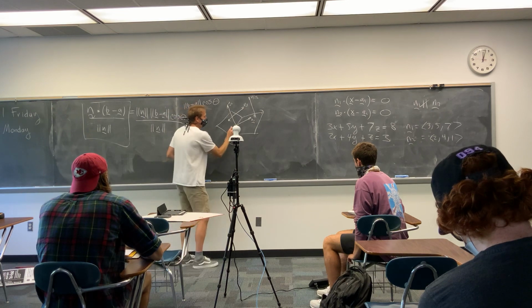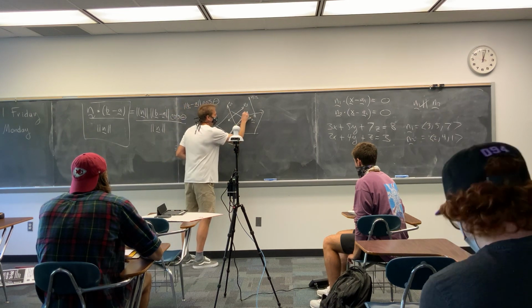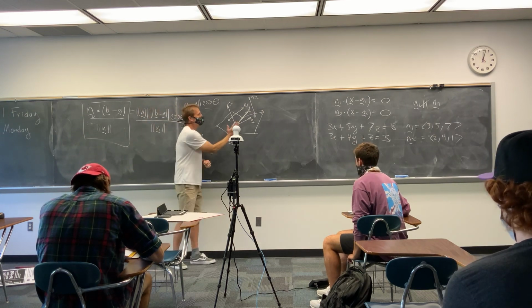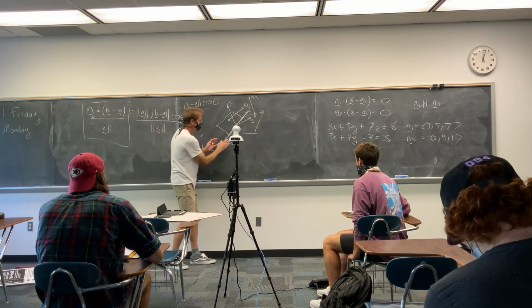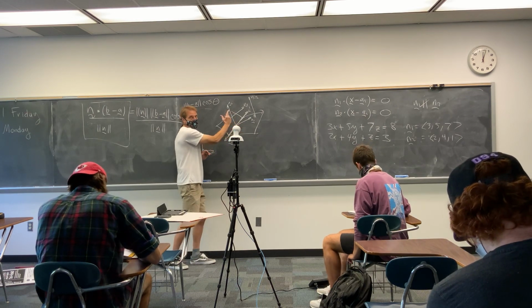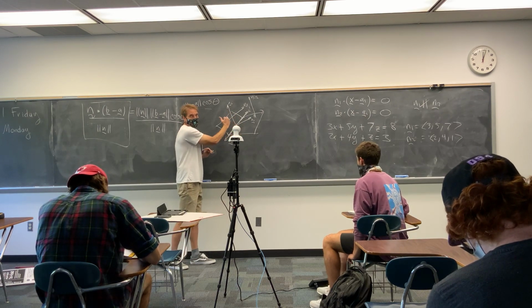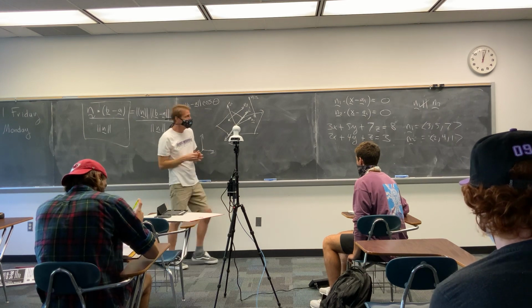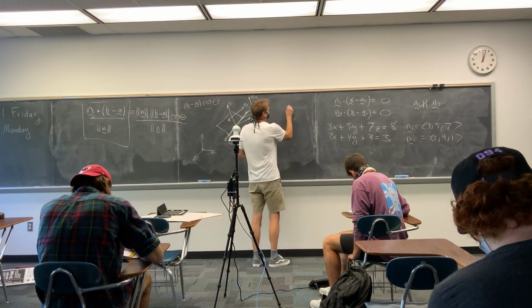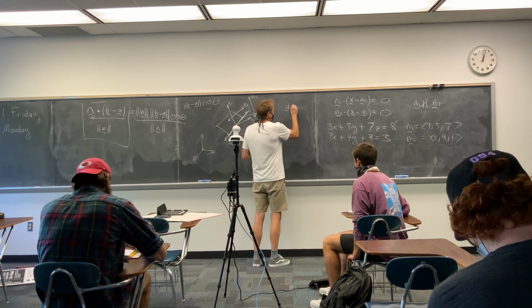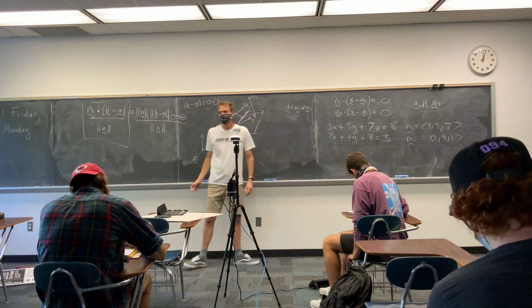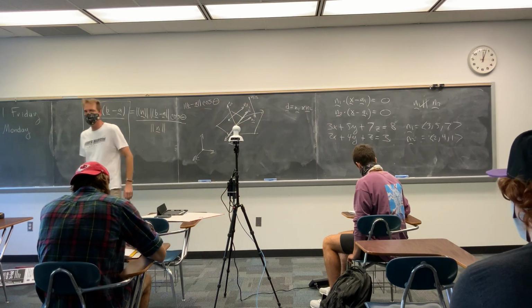Then D is N1 cross N2. So if you're looking for the line of intersection, your direction vector is the cross product of those two normal vectors.